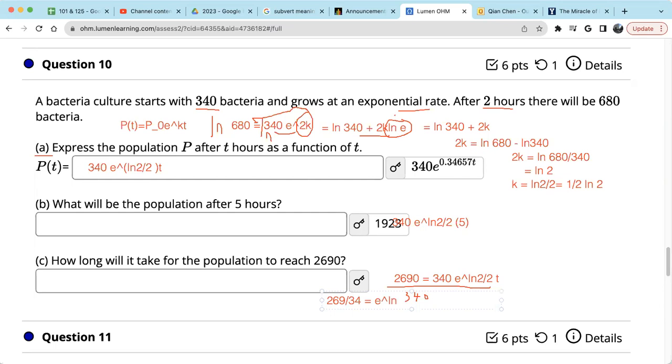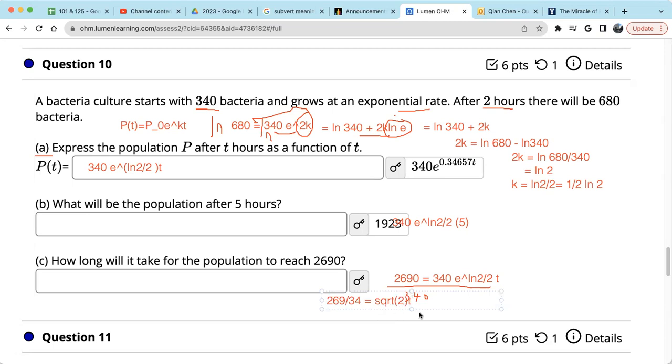So ln square root of 2. How do I write that? But e to the power, that's another property: e to the ln of a certain value equals that value. So this is basically equal to square root of 2 times t.